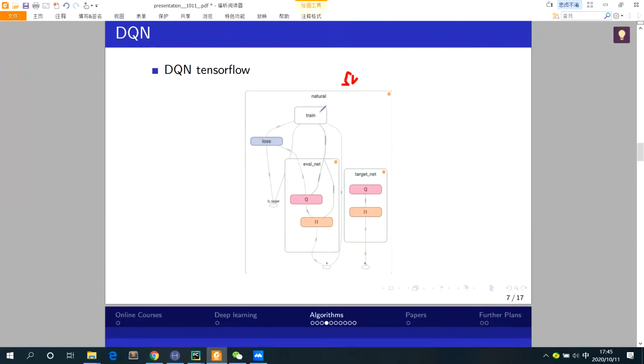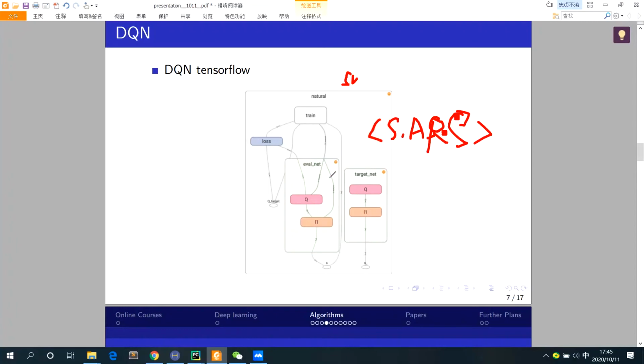What we put into the neural network we also call a transition, SARS: state, action, reward, state. We use this as input and put it into the neural network, and then we get our output, which is the Q value.